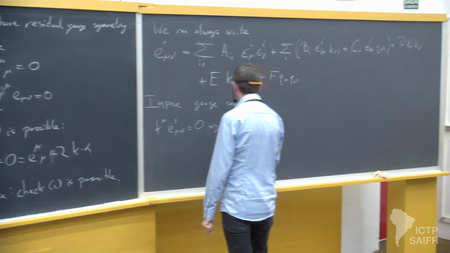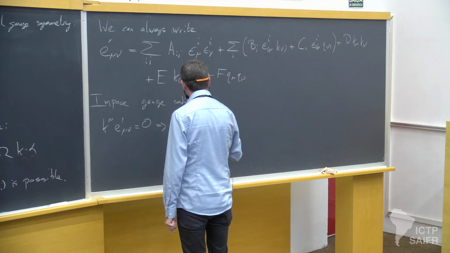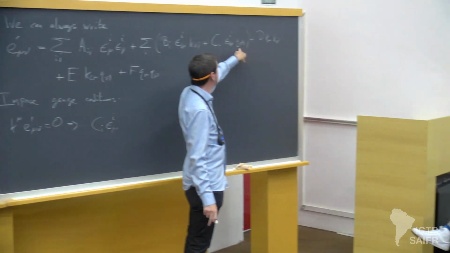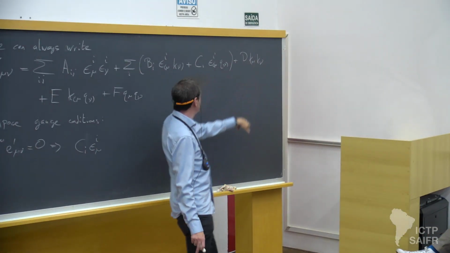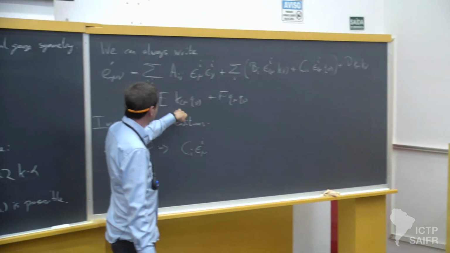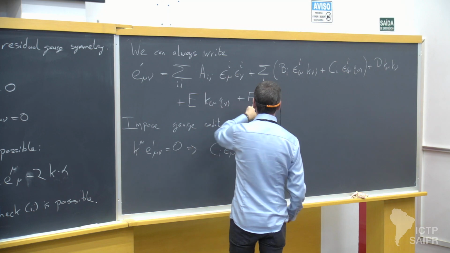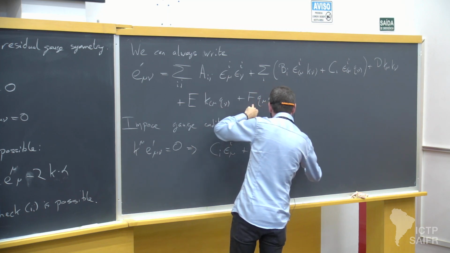So I will get a term out of that. It'll be C_i, C lower i I guess, epsilon_i mu times 1 when the K contracts into the right thing. This one won't give me anything. I'll just get K squared equals 0. Here I can get something, plus E K mu. And I can also get something from the F Q mu.